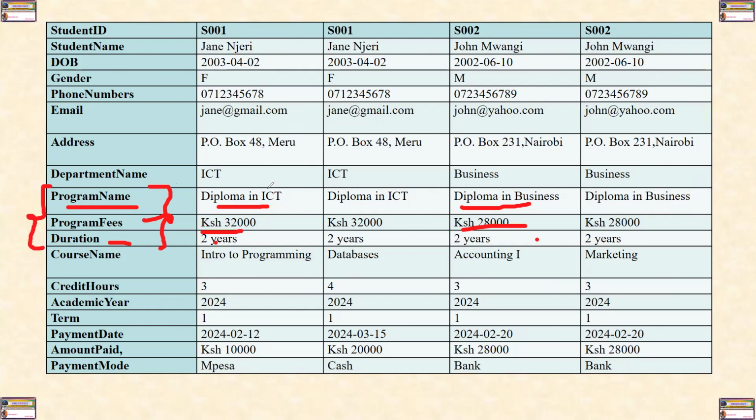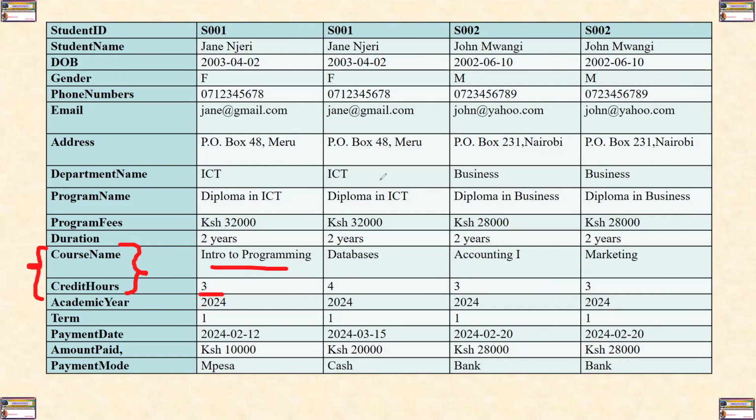So that is one area that we have affected in first normal form. Let's also look at this other one, the courses. You see, here now, we have the course name separate and credit hours separate. They were lumped together in their normalized form. Under course name, we have interactive programming and the credit hours is 3.